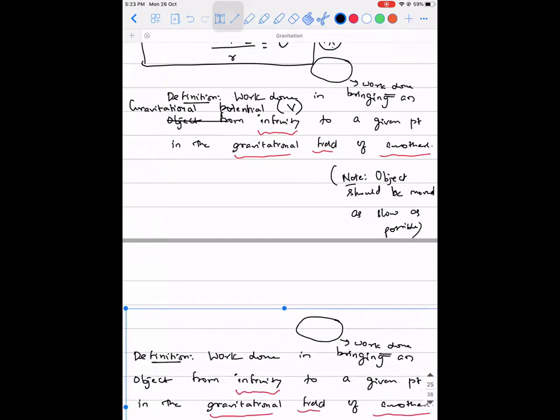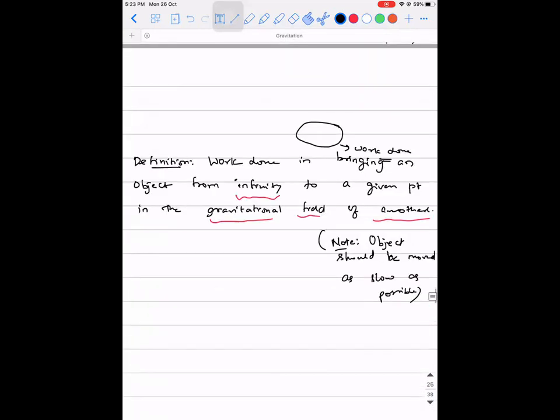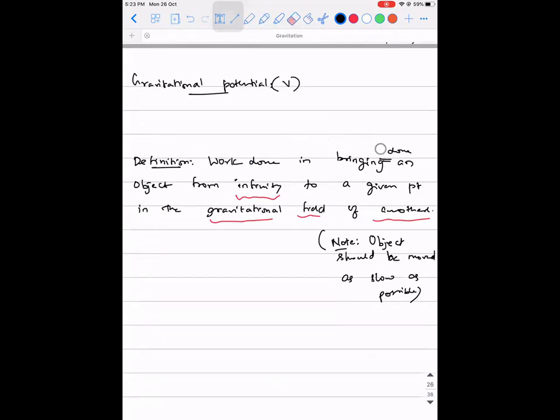So write down the heading. The heading is gravitational potential, defined with symbol V. The definition is almost the same except for one small change: work done per unit mass in bringing an object.